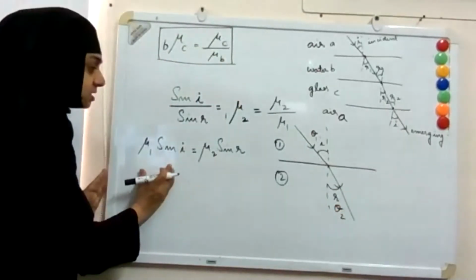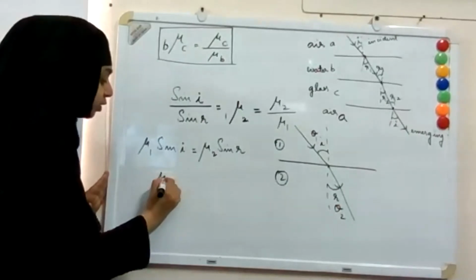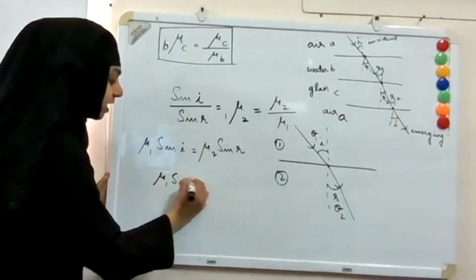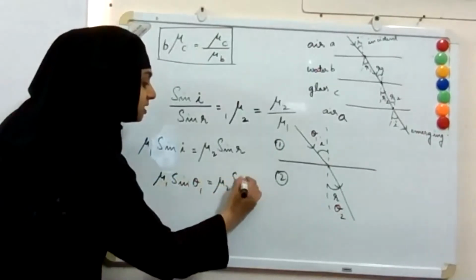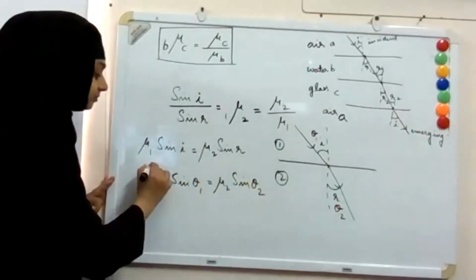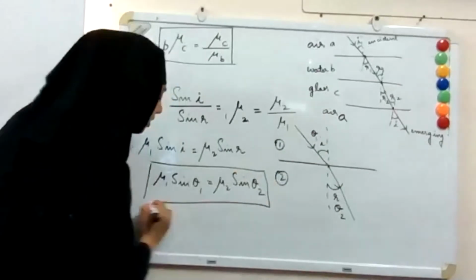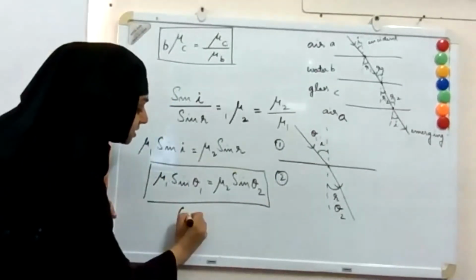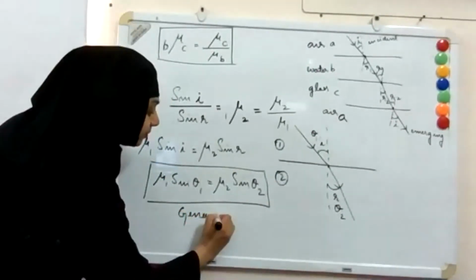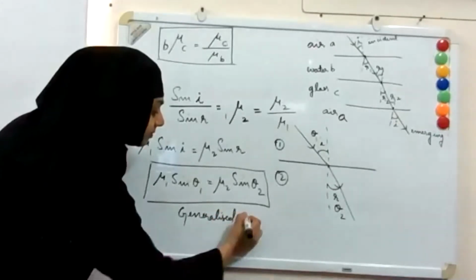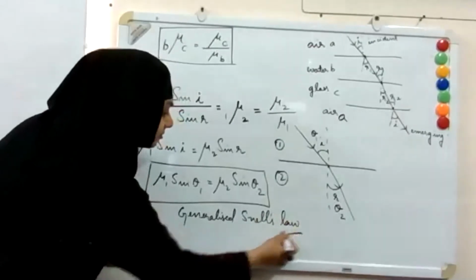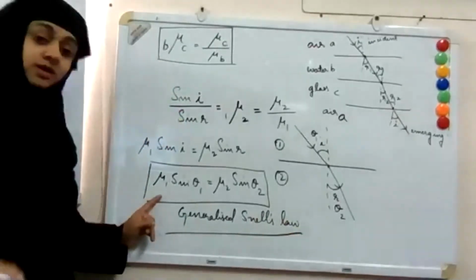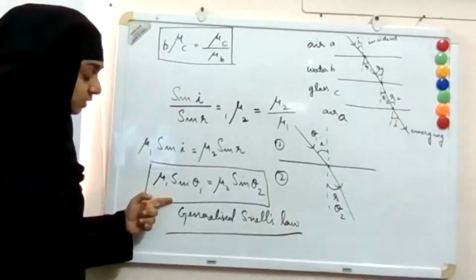So I can write this expression as mu 1 sine theta 1 is equal to mu 2 sine theta 2. This is called the generalized Snell's law.